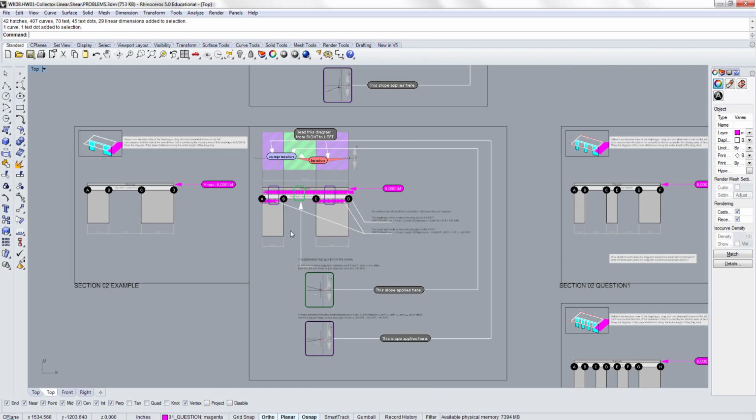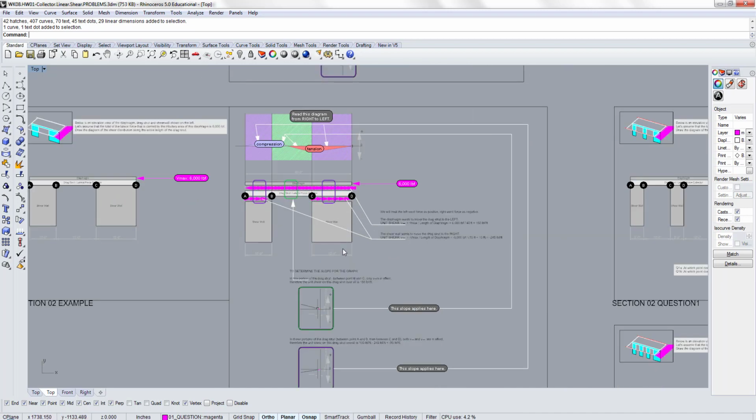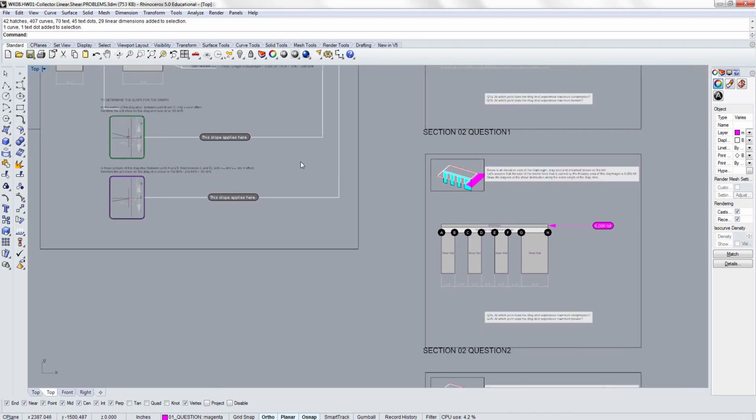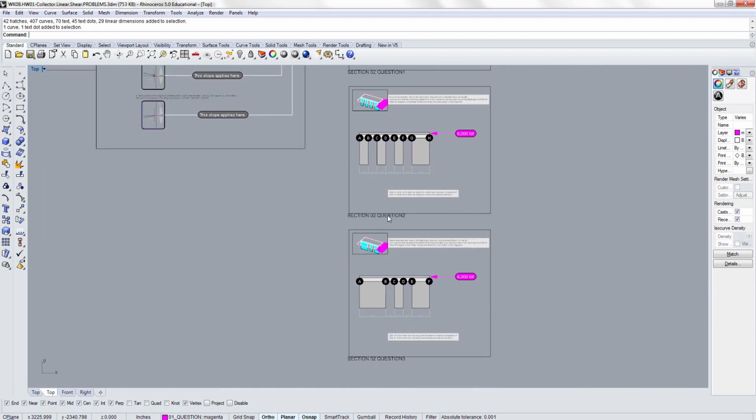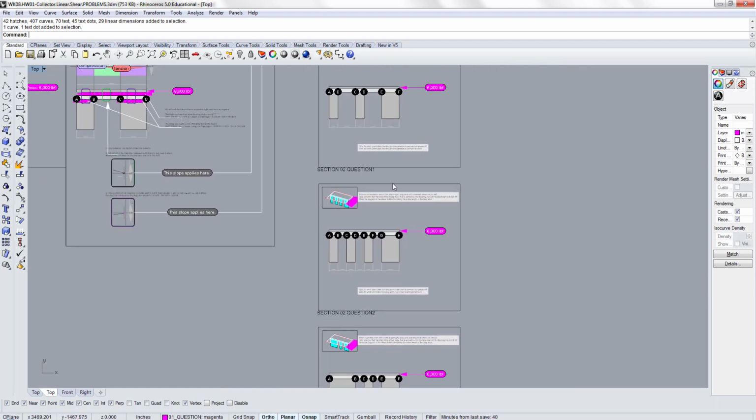But anyway, that was the detailed explanation of how to draw that diagram. This one just has 4 walls. It just ends up being a little more cumbersome.